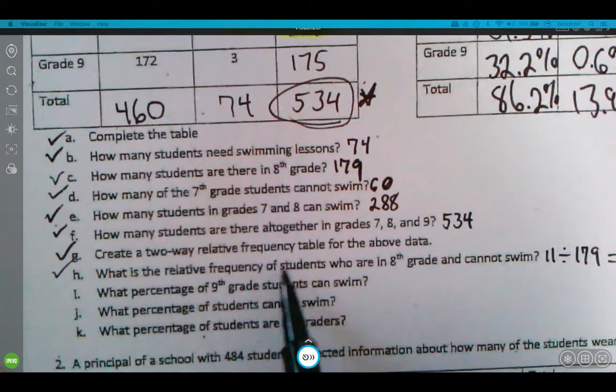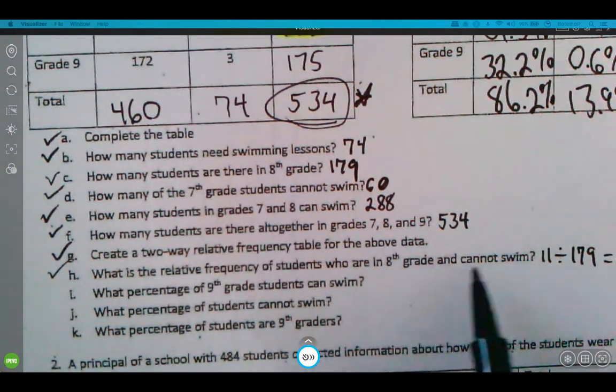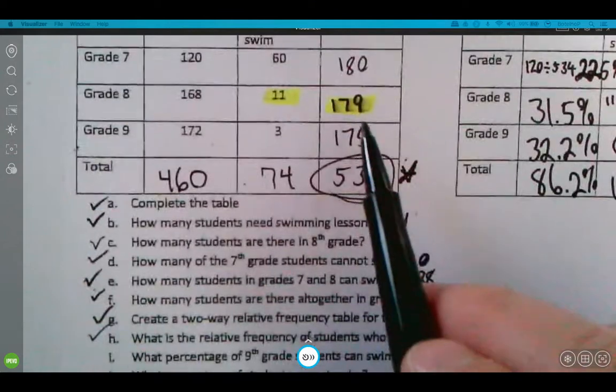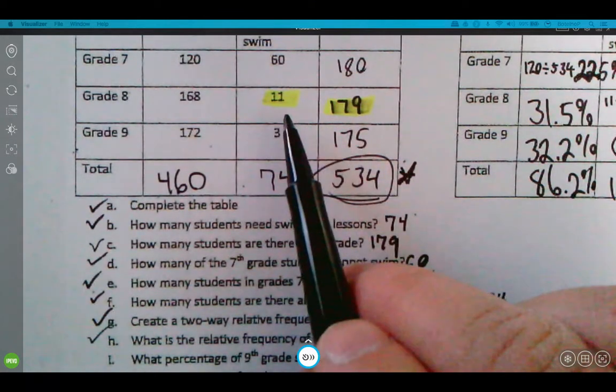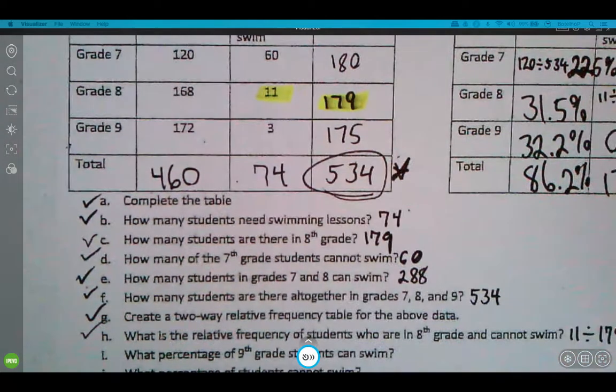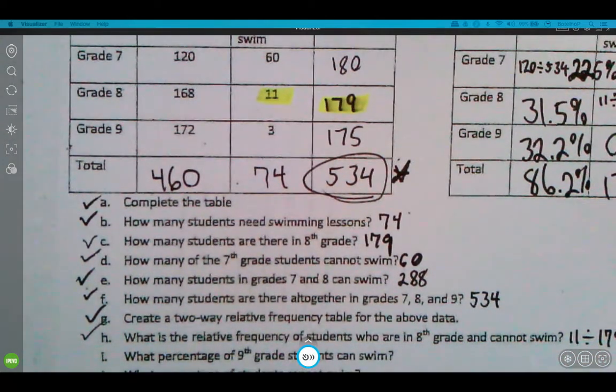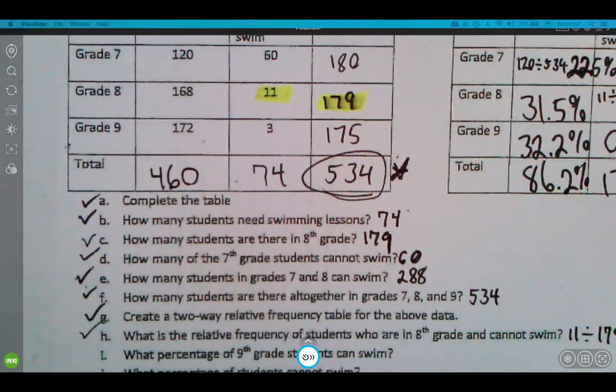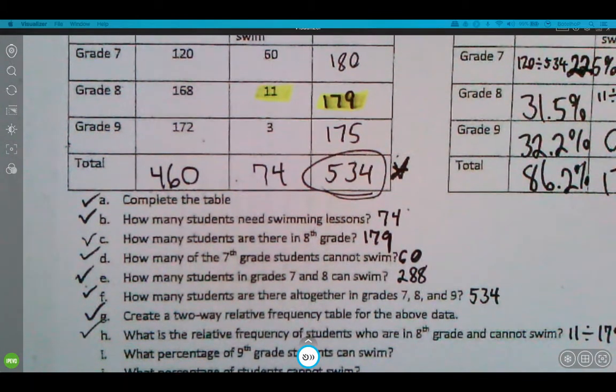What is the relative frequency of students in 8th grade that cannot swim? Students in 8th grade that cannot swim.